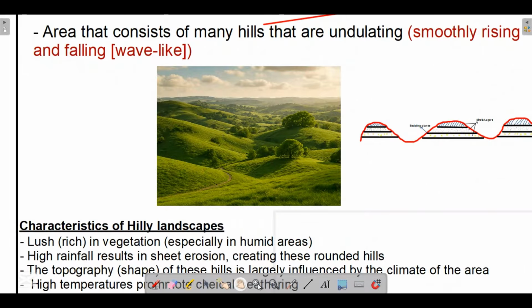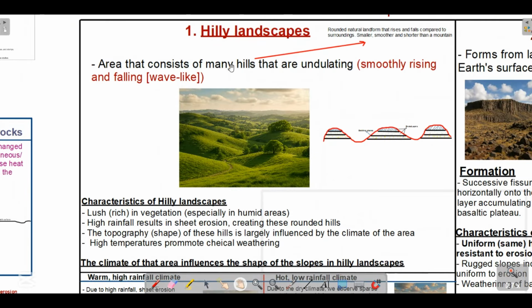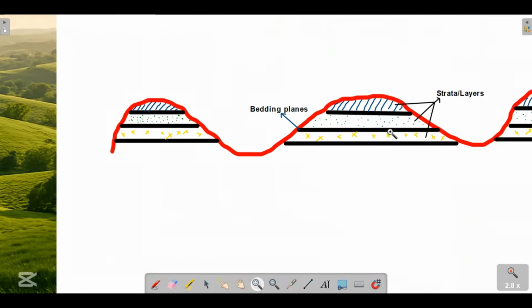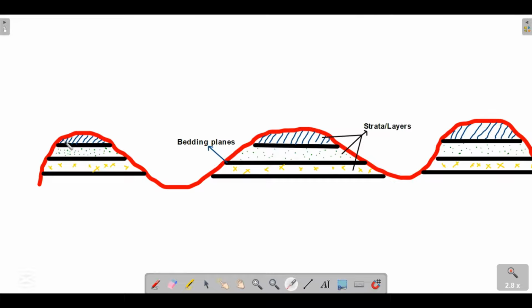So if an area is made up of many hills that are undulating, we then call it a hilly landscape. So the term quite explains everything. And if I zoom in here, you're actually going to find out that these hills are made up of layers, horizontally layered rocks, as we said, or landforms. So this means that at some point, this was flat land like that.